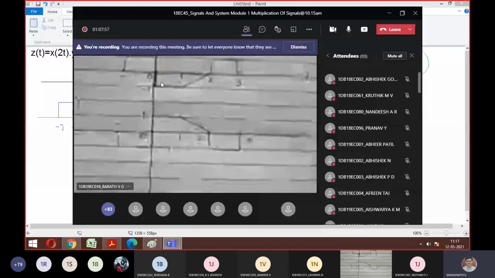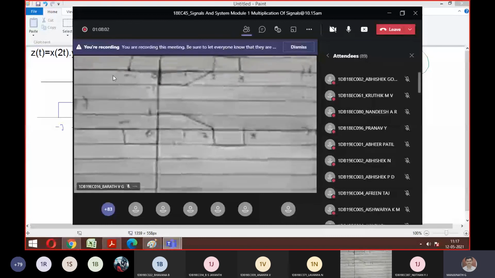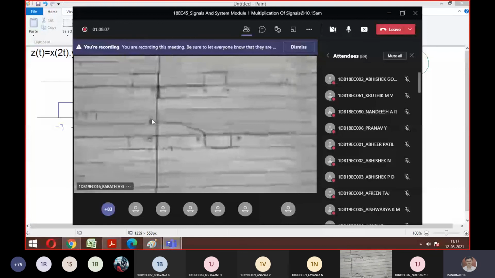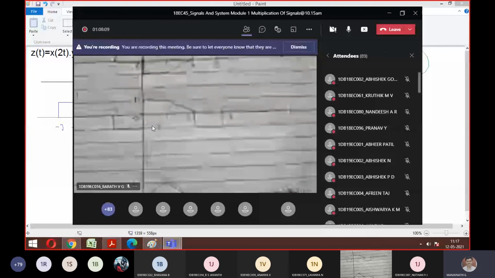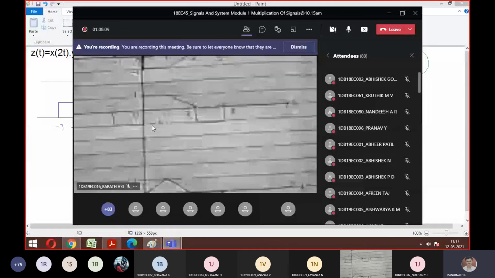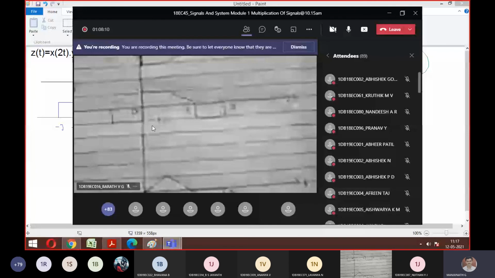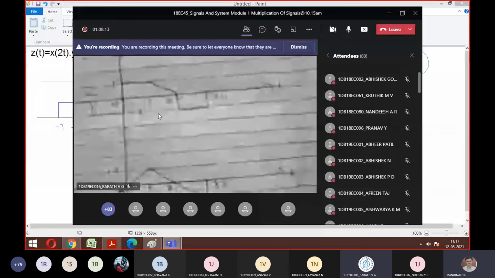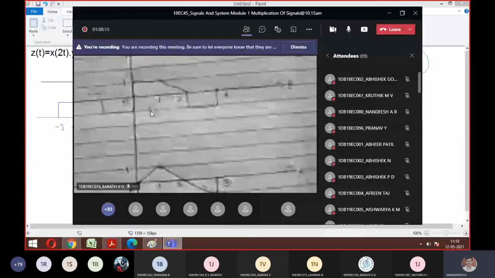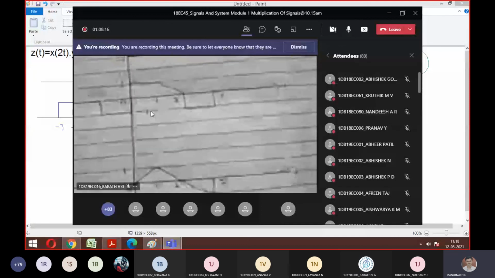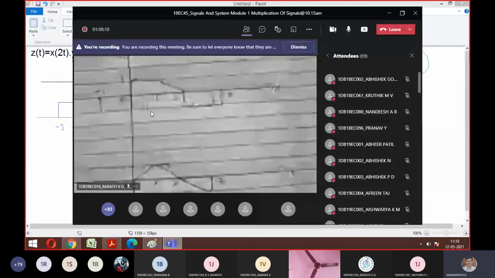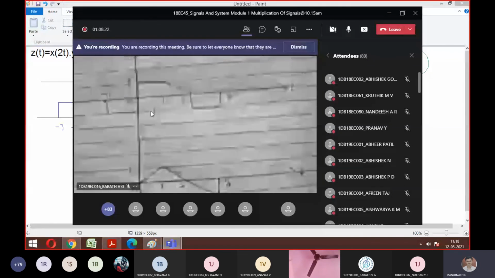You did reverse. You did minus y of t. That is why I asked. So this part is wrong. You need to perform reflection, not folding. You did folding. Okay, fine. You just change that. Anybody else done? Yeah, Lavanya.